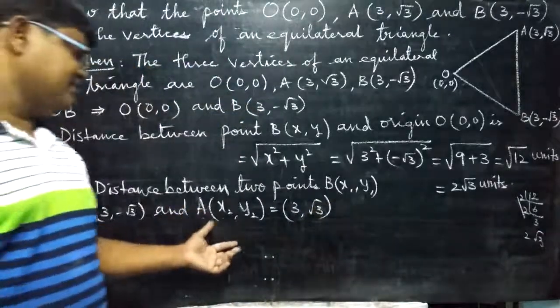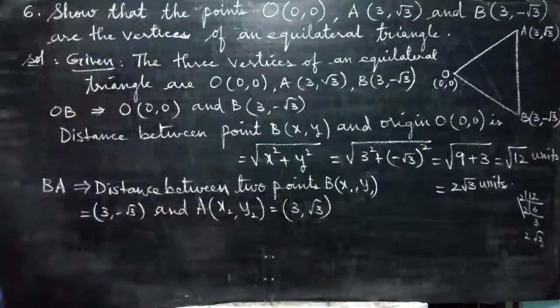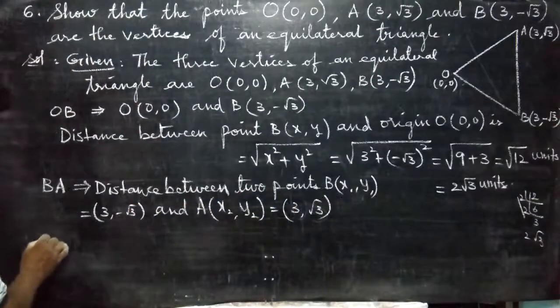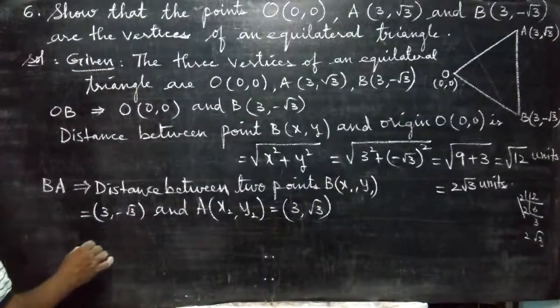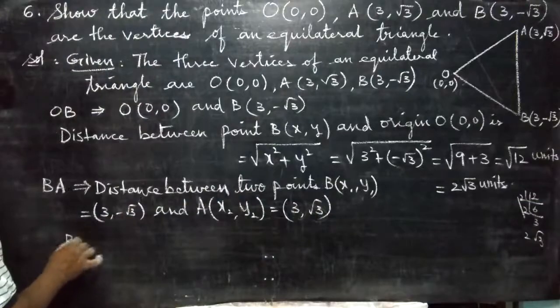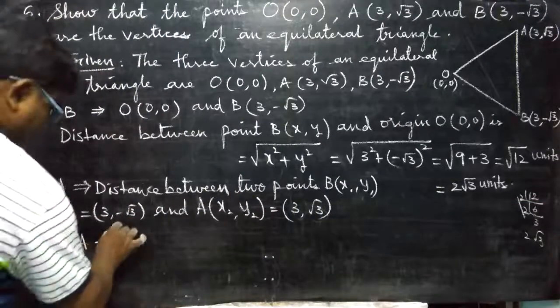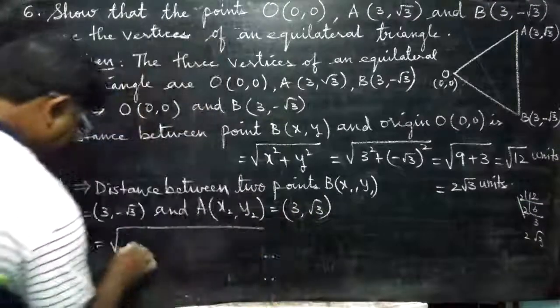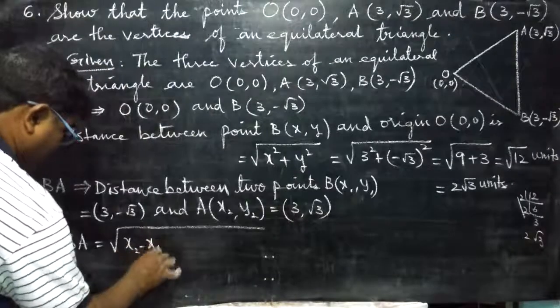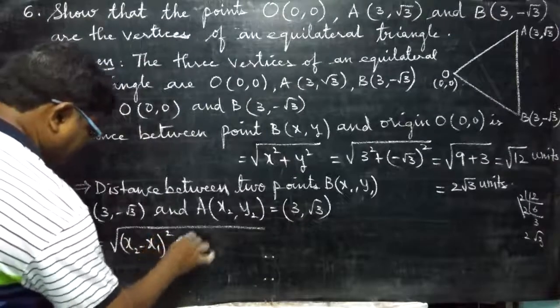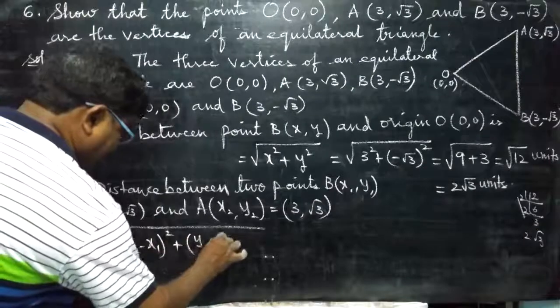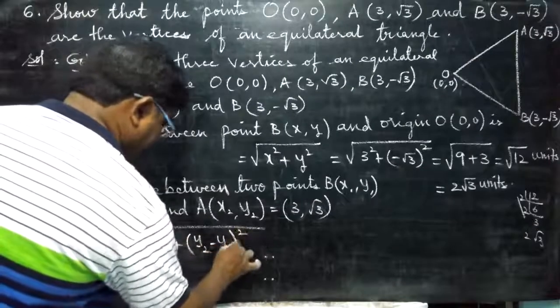Either A x1 y1, B x2 y2 also no problem. Now the formula, distance between 2 points, BA or AB also you can bring: square root of x2 minus x1 whole square plus y2 minus y1 whole square.